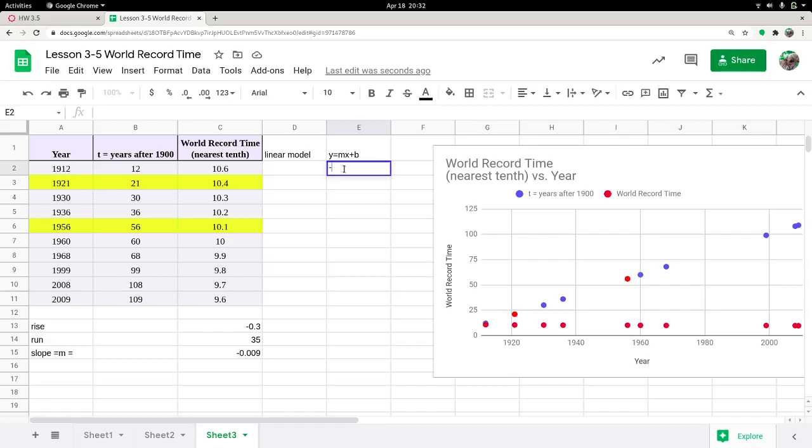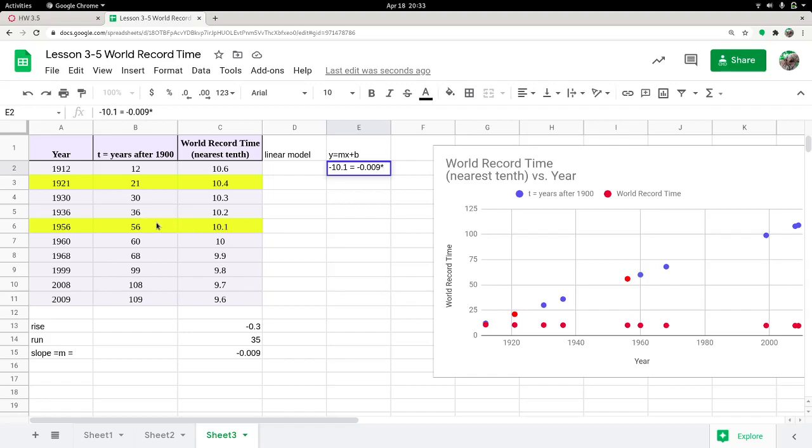So if I take negative 10.1, my y value, that's supposed to be equal to the slope. And let's put some spaces in here to make it prettier. Negative 0.009, right? That's my slope down here, times the x value. So if I say the y value, oh, I put a negative up there, it's positive.